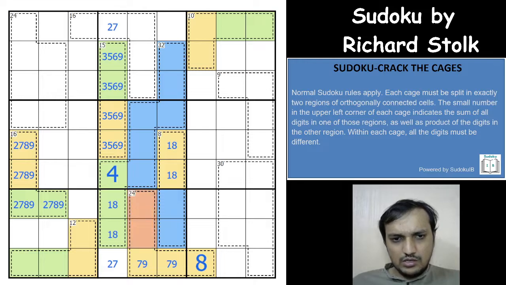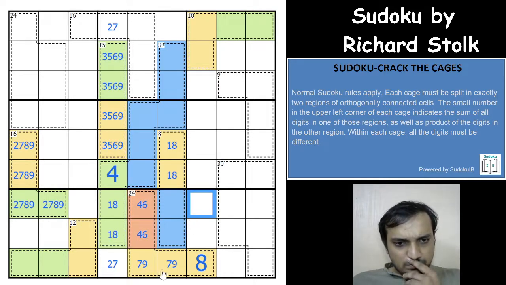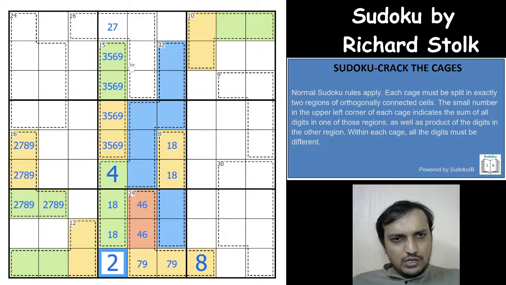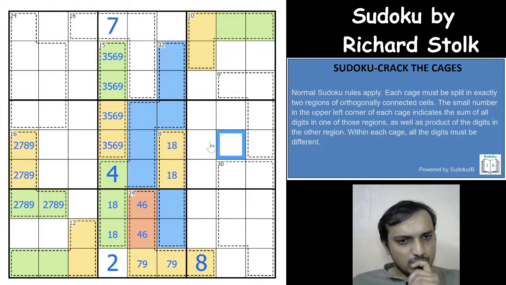I'll remove the green. Product is 6 and 4, right? And this 7 would give you a 2 here and a 7 here. So 1 8 2 4 6 7 9 3 and 5.